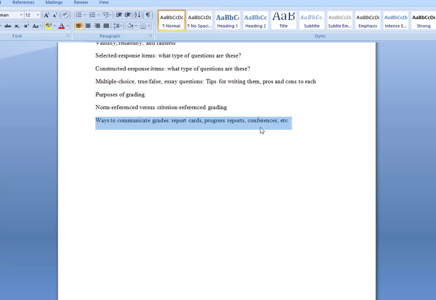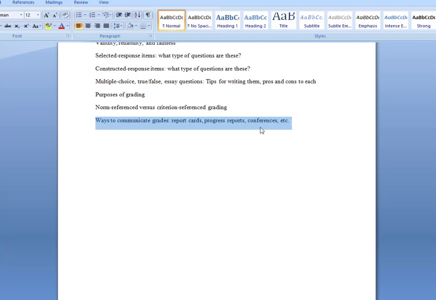One thing I just wanted to mention that I know I mentioned in the lecture video, but I'm pretty sure was not on the slides, is that it depends on the age of the students as far as whether or not you are required or even allowed to share grade information. If the student is under the age of 18, then the grades technically belong to the parents, unless the child is emancipated or there's some other outlier situation going on.